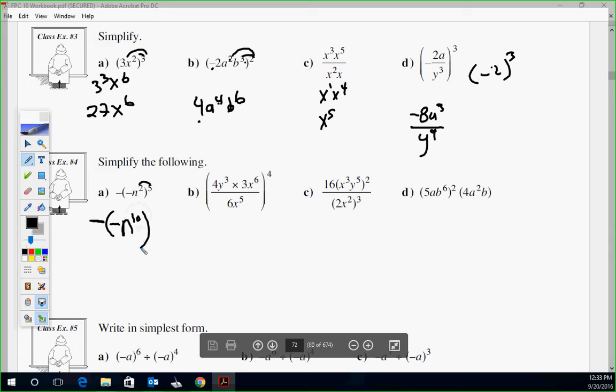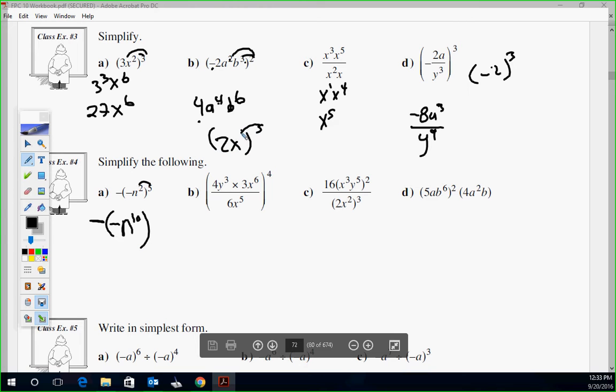So a couple things I want us to look at. Why did I keep this a negative? Well, does the 5 hit this number? Like, what is this number? This is a number. It's a negative sign. Negative 1, right?